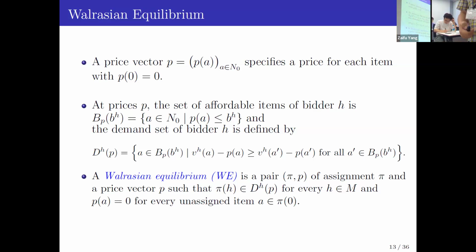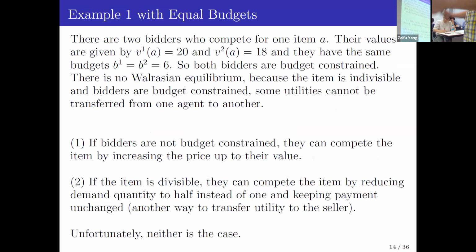Now we can easily have situations where there's no competitive equilibrium. Firstly, we consider a very simple case: one item, 2 agents, and both agents have equal budgets, B1, B2 equal to 6.